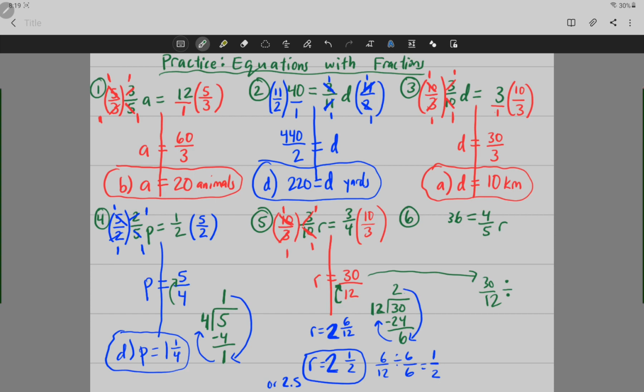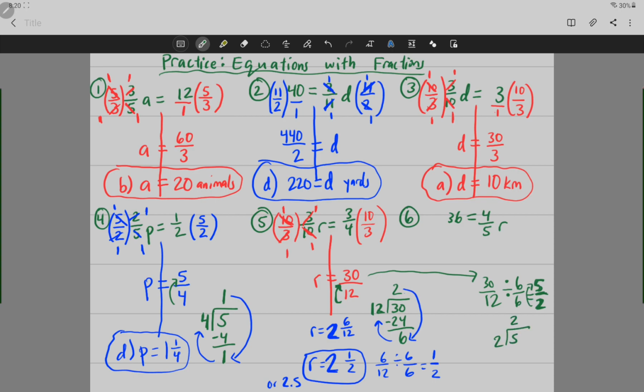The biggest number that goes into 30 and 12 is still 6. 30 divided by 6 is 5. 12 divided by 6 is 2, but you're going to notice it's still an improper fraction since the bigger number 5 is still on top of the smaller number 2. So either way, you're still going to have to divide the 2 into 5.